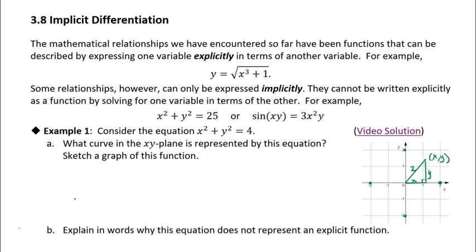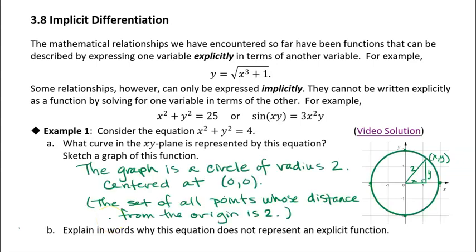And we know that a circle is the set of all points that are the same distance from the center. Here the center would be 0. And so this implicit relationship describes a circle. All right, so I've drawn a circle here, and I've answered the question. The graph is a circle with a radius of 2 centered at the origin, 0, 0.